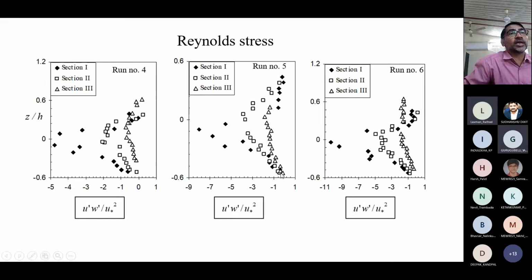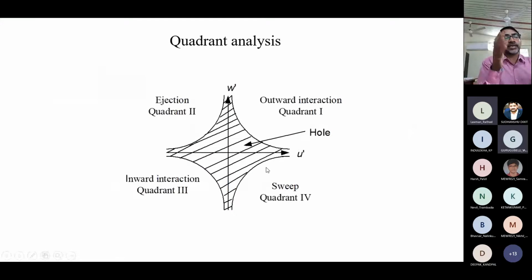Suppose you consider this section 1: 1, 2, 3, 4, 5, 6, 7, 8, 9, 10, 11, whatever, 15 points. All 15 points for one run and all 3 sections. That much data you have to segregate to go for the quadrant analysis. Hopefully, you can understand the intensity of work involved in that.